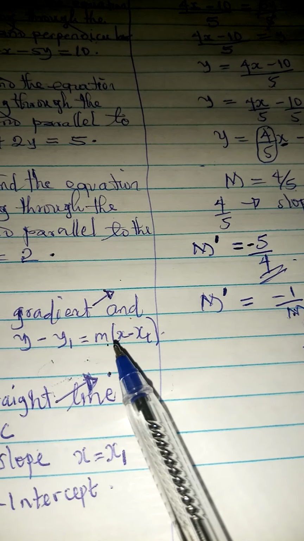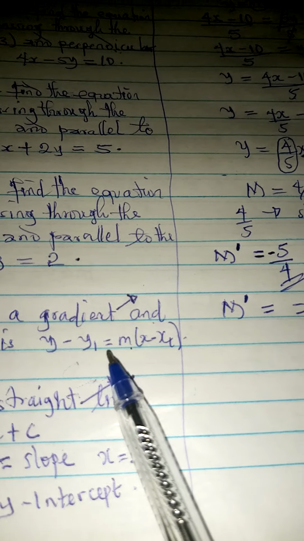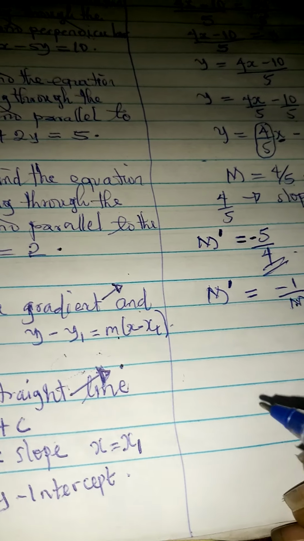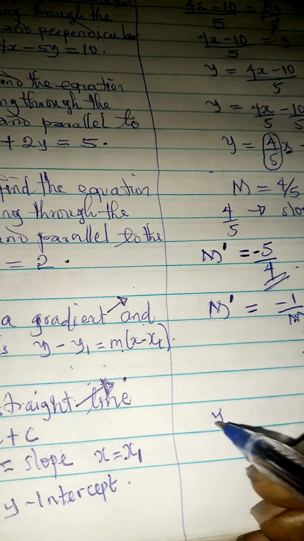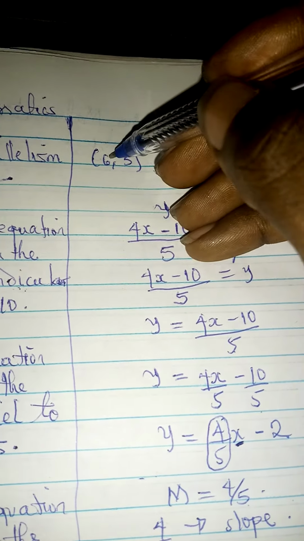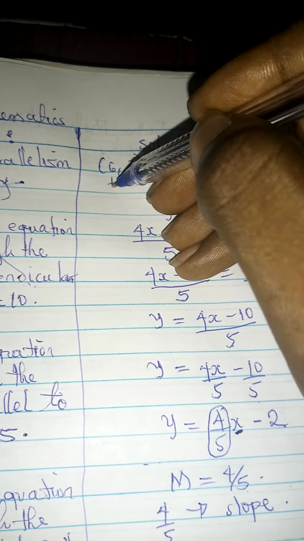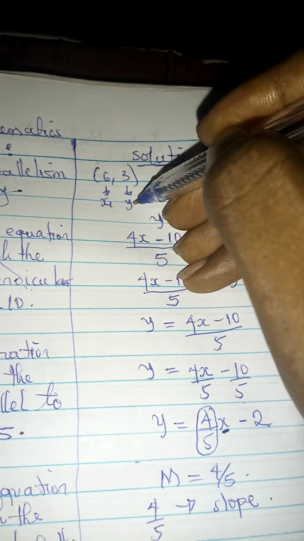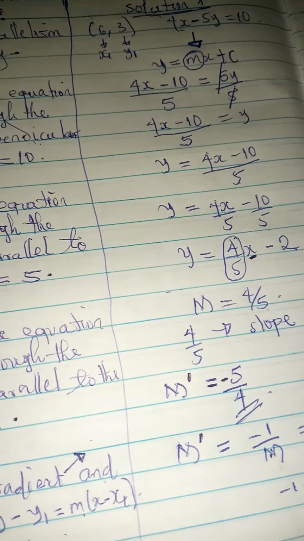Of course, in this case we are not given the slope, but we have solved for the slope, so we use y minus y1 equals m into bracket x minus x1. So from there we have y minus, what is our y1? Then we go back to this place: 6 here will be our x1, and here will be our y1. So our y1 is 3.